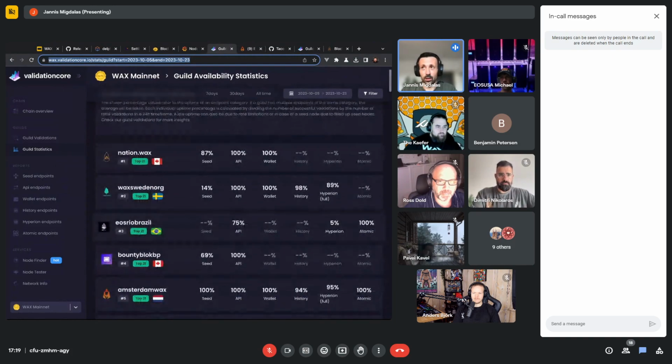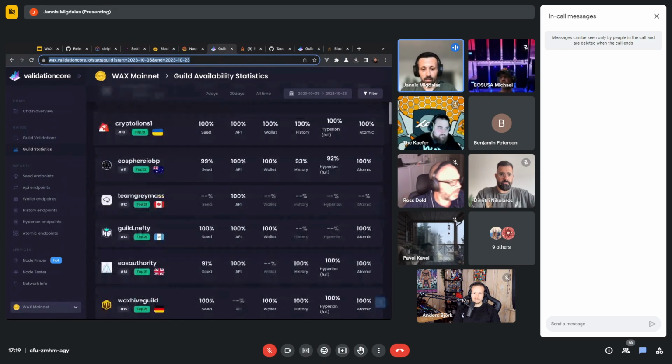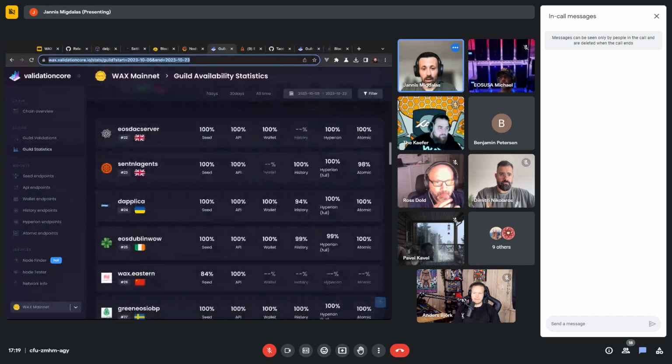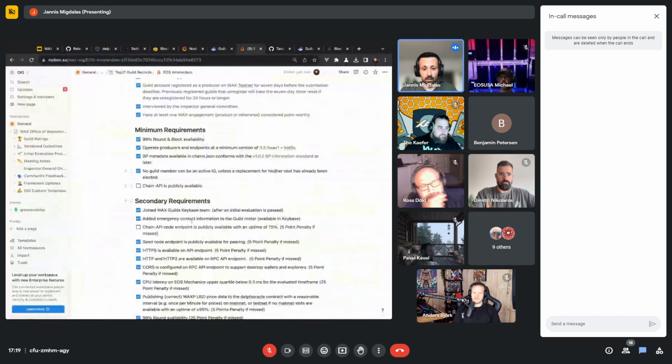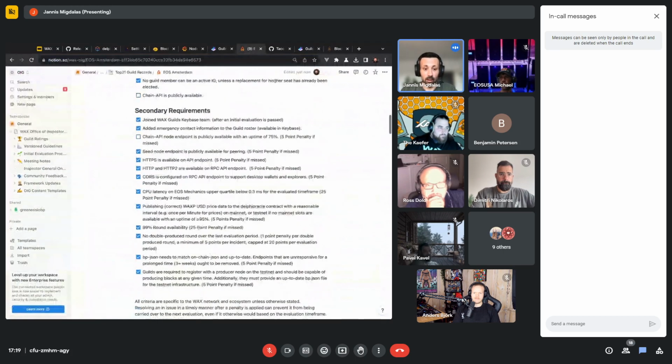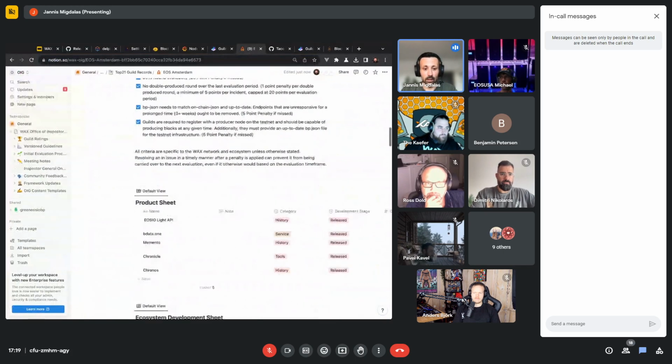But overall, and we are just taking into consideration the uptime for now and no further details, all of the guilds except for 3 are passing those requirements. This requirement also is now part of the new TechOps evaluation we are doing.